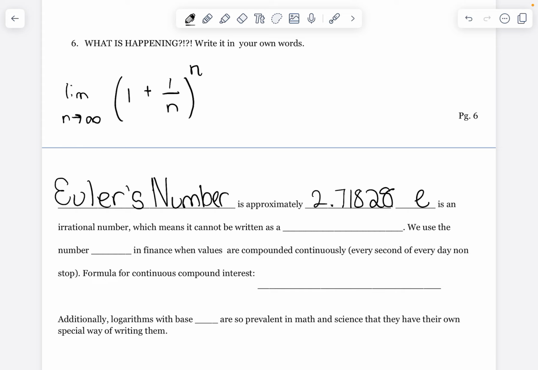So take your calculator, make n be 1,000,000, make n be 7 billion, make n be the biggest number that you can think of. At some point, it stops mattering what huge number you put in. You're going to get 2.71828.